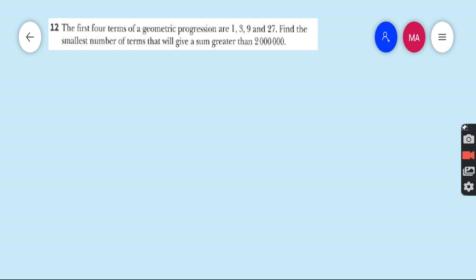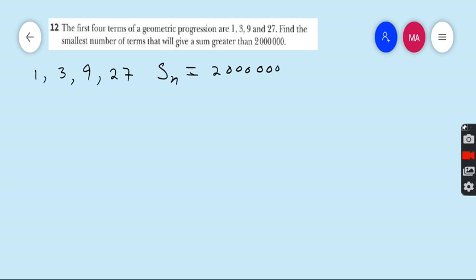Question number 12. The first 4 terms of a geometric progression are 1, 3, 9 and 27. Find the smallest number of terms that will give a sum greater than 2,000,000.